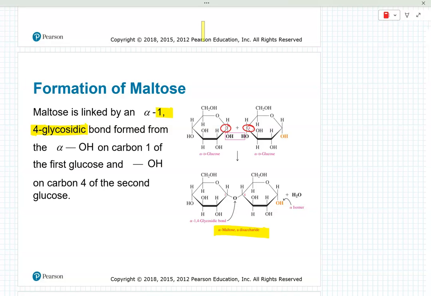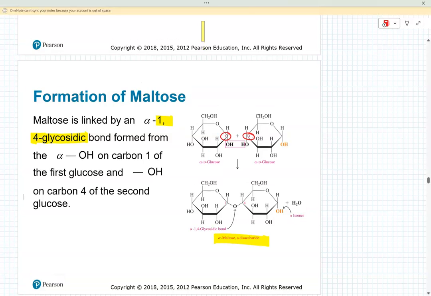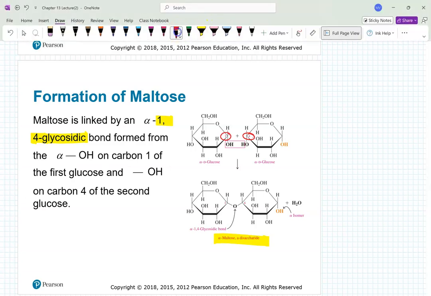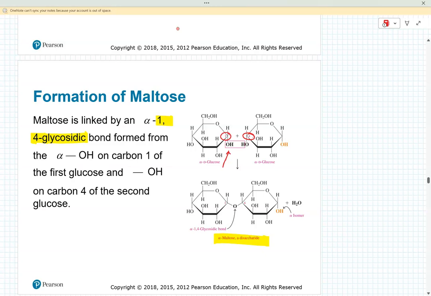Good? Now, the hydroxyl group at carbon 1 can be either above or below the ring. Am I making sense?